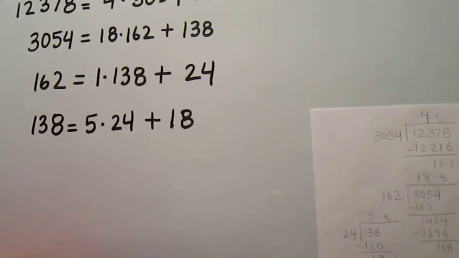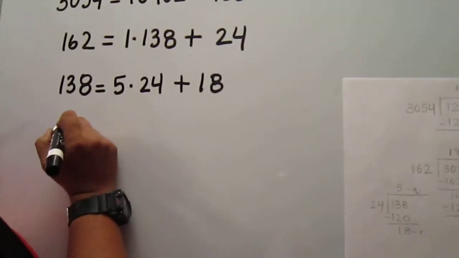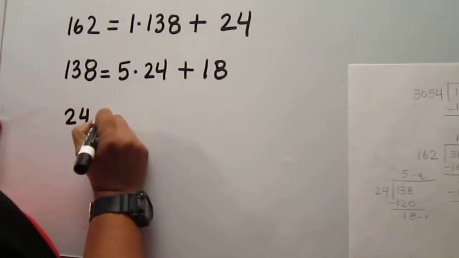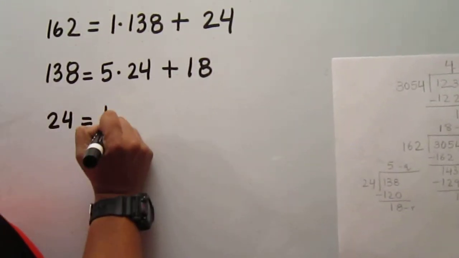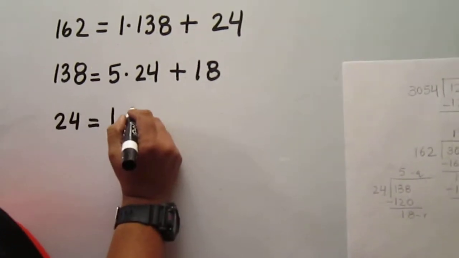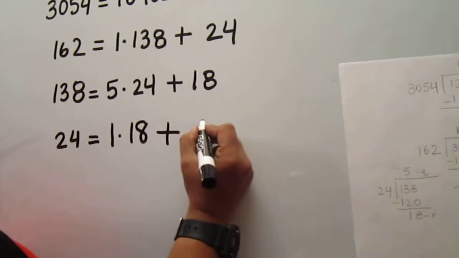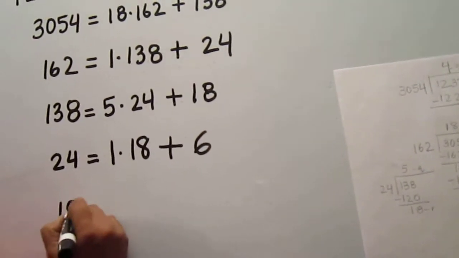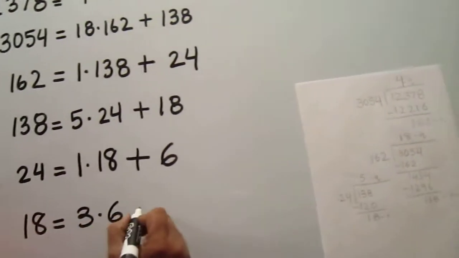Are you with me so far? We have the next step, which is 24 divided by 18. Of course, 18 will go only one time, so the quotient is 1. 24 minus 18, we have a remainder of 6. And you can tell between 18 and 6, we'll have a remainder of 0, because the quotient is 3.